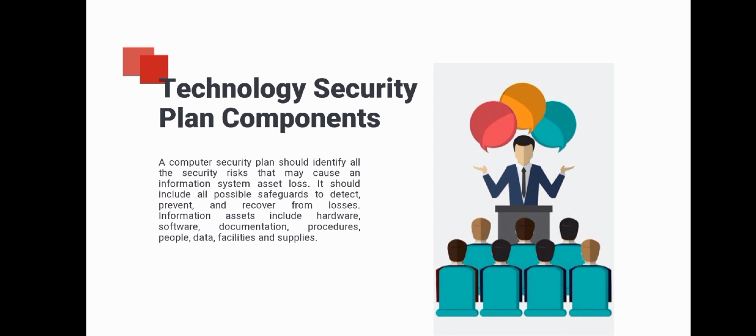The goal of the computer security plan is to match an appropriate level of safeguards against the identified risks. The more secure a system is, the more difficult it is for everyone to use. Microsoft has developed a security system lifecycle to guide the development, implementation, and review process.